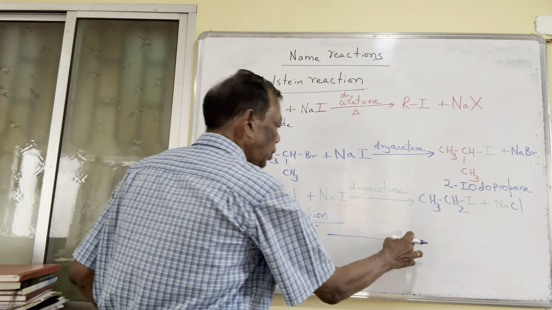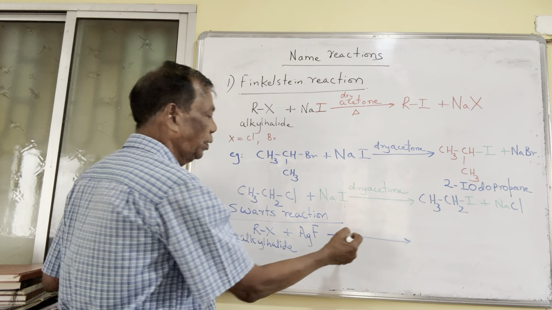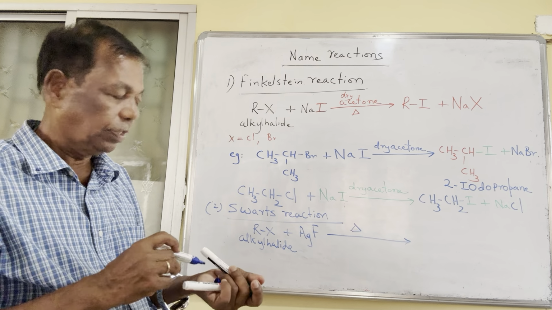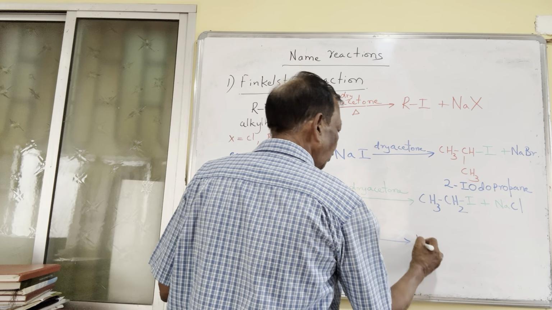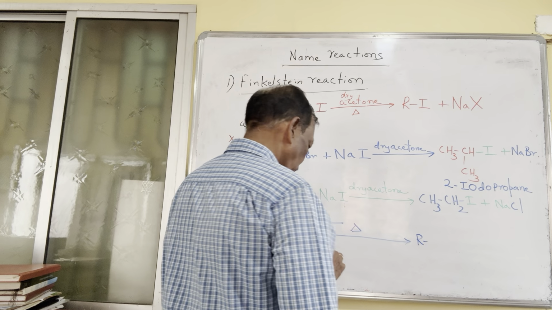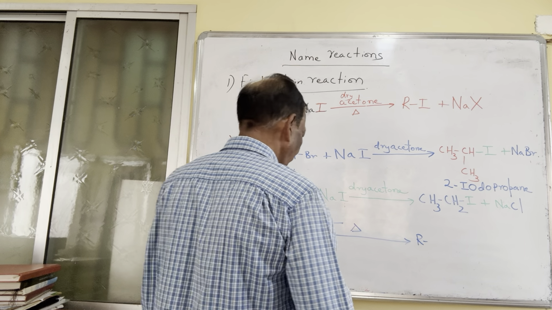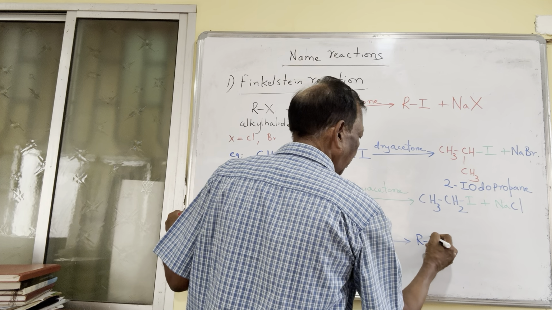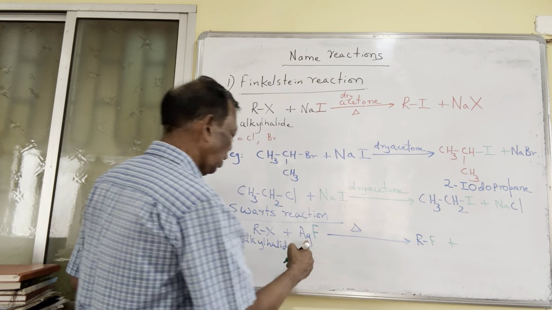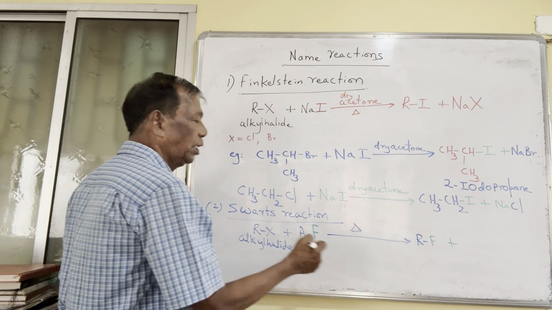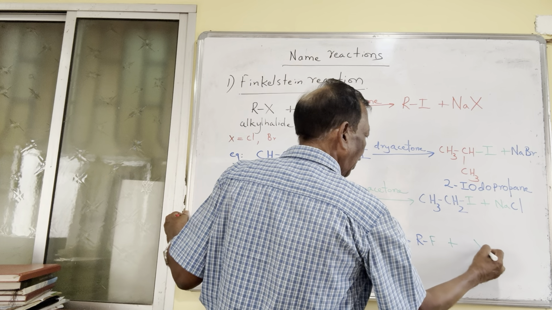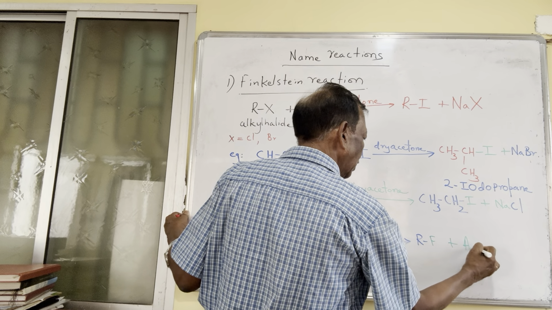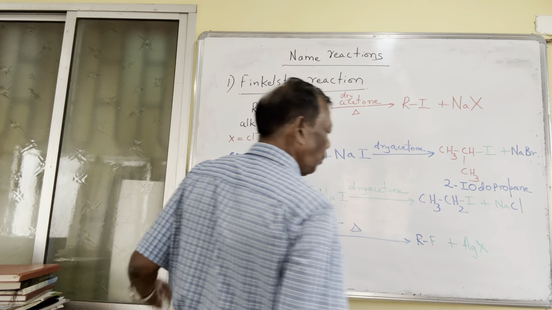Now what will happen here? In this case, if we heat with this, then this fluorine will take the place of X, and you will get the new compound which will be RF, plus silver X. So that will be formation of AgX.